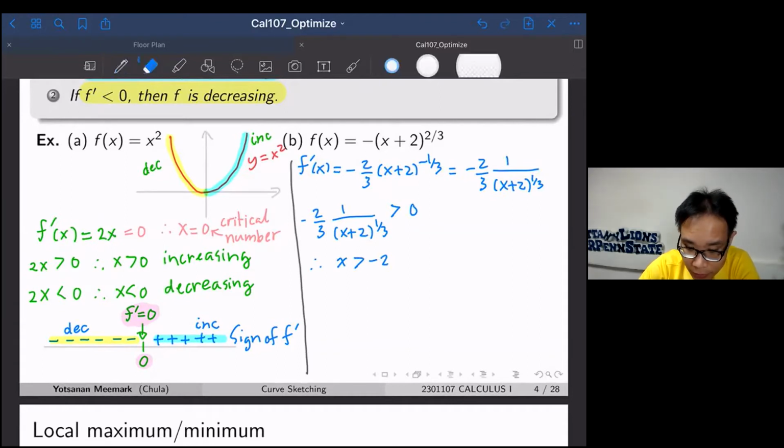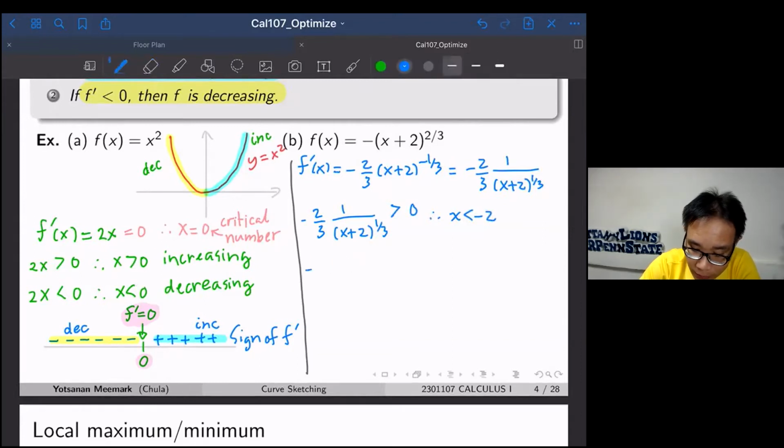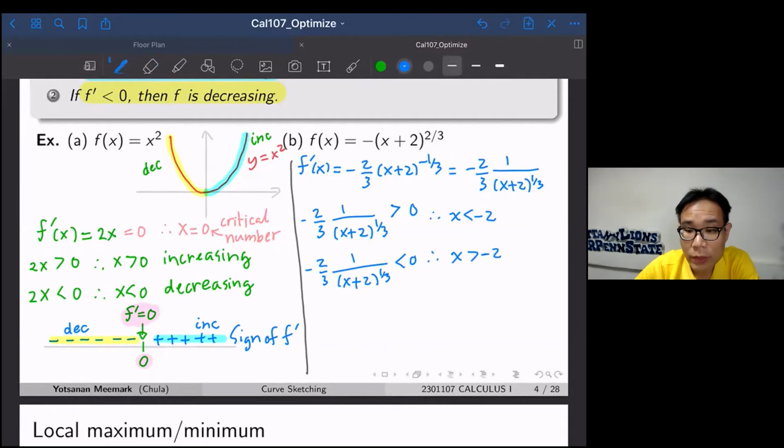Sorry, it's going to be x less than negative 2, because negative 2/3 is less than 0. So you need x plus 2 to the 1/3 to be negative, which gives x less than negative 2 by just solving the inequality. You just multiply negative 1 to both sides and raise to the third power, and you obtain this solution.